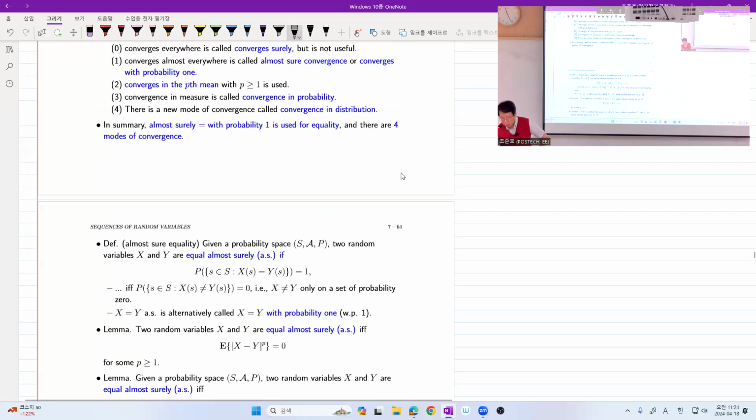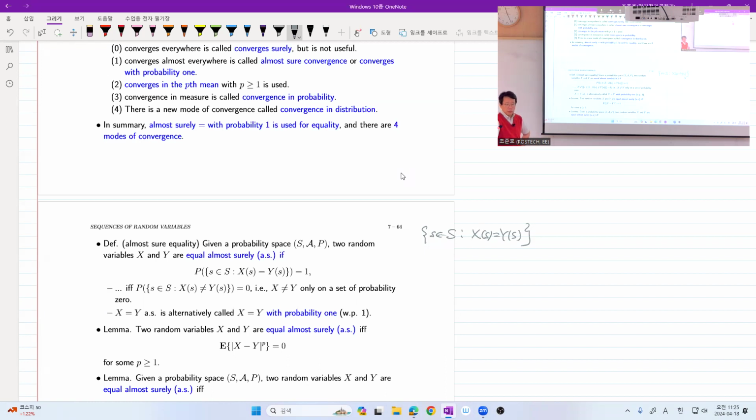Here goes equal everywhere first. So consider the set of s in the sample space such that X(s) equals Y(s), right?